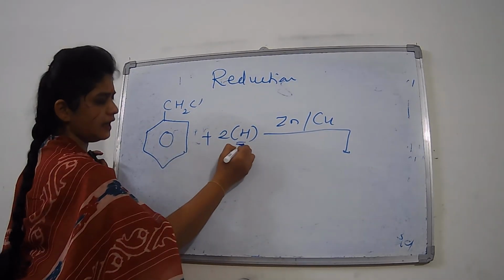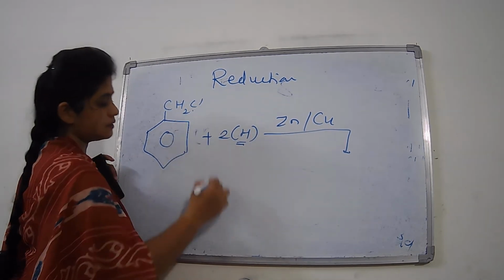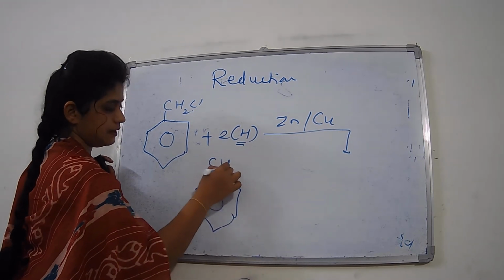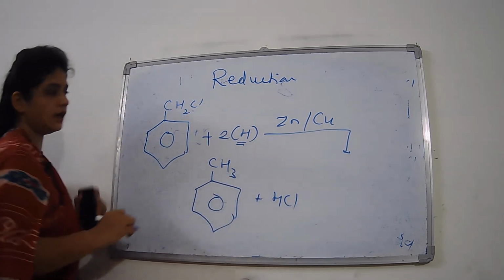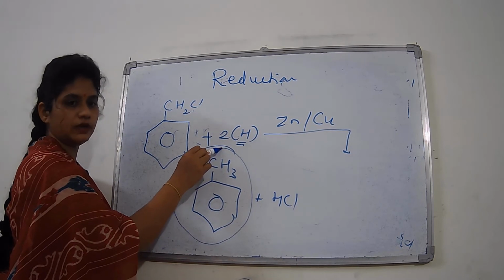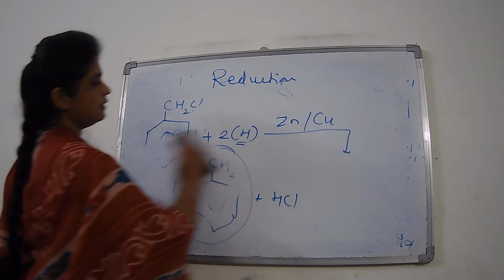Here one of the H atoms is substituted in place of Cl, so it becomes CH3 and HCl is removed. What is the name of this compound? Yes, it is toluene, methylbenzene. So after reduction we get toluene.